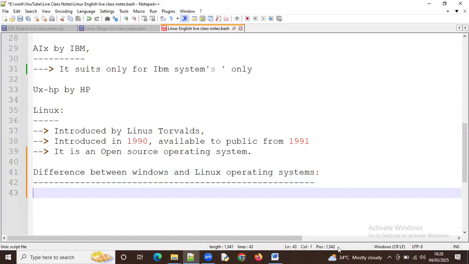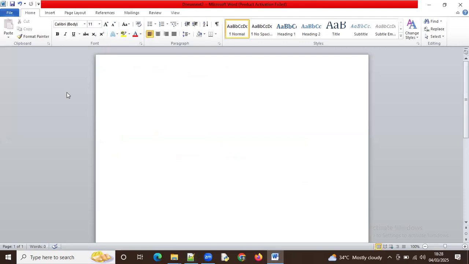I will open a Word document to write down the points regarding the difference between the Windows and Linux operating system.